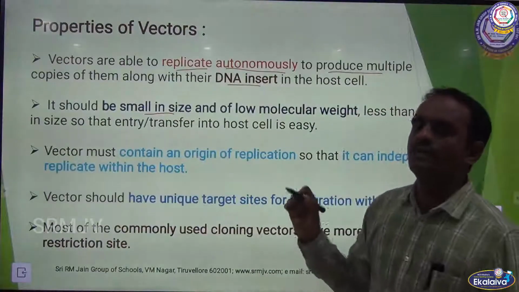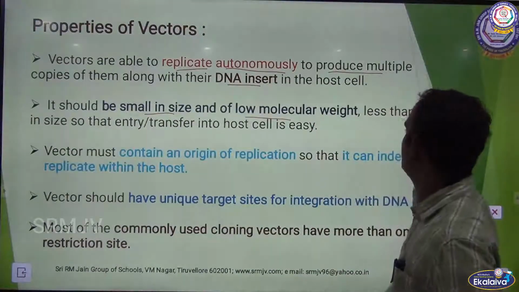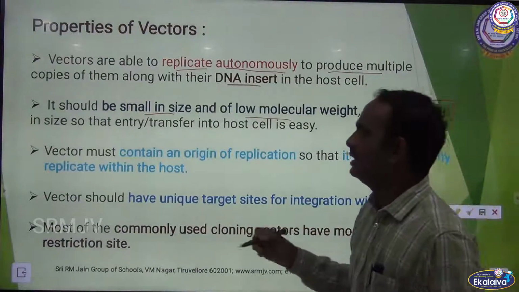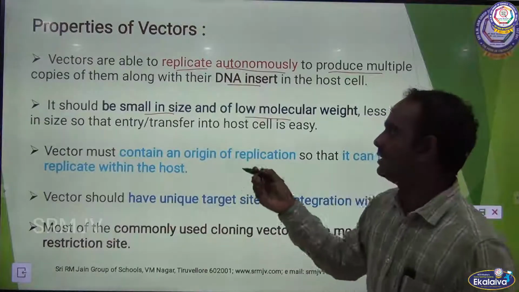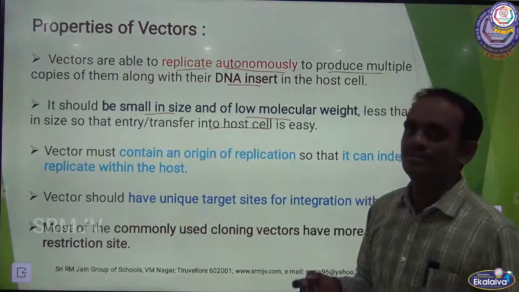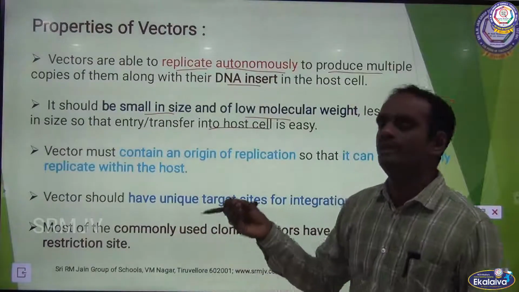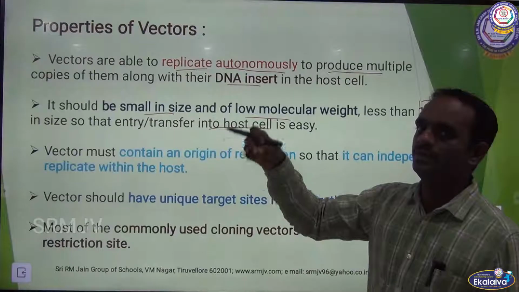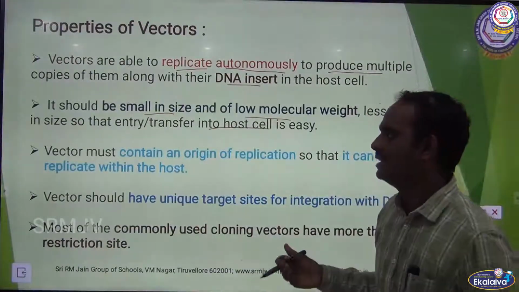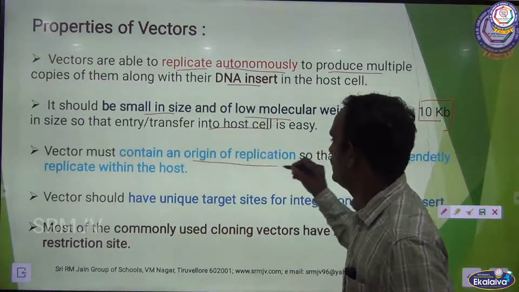The next one, it should be small in size. Usually vectors are small in size and of low molecular weight, less than 10 kilo base pairs in size, so that it is very easy to transfer into the host cell. If it is a very big size, it is very difficult to insert the vector into the host cell or host plant. Clear? Yes. A vector must contain an origin of replication.